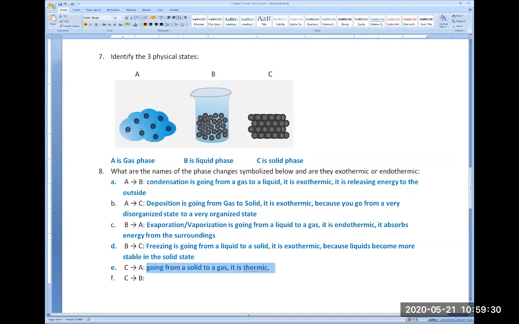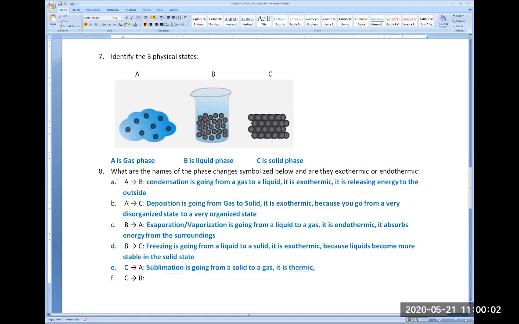Yes, another term that you may not hear a lot, but that is the opposite of deposition. It's called sublimation. Sublimation is the opposite of deposition. In sublimation, you go from a solid directly to a gas without going through the liquid phase. It's important to realize that.